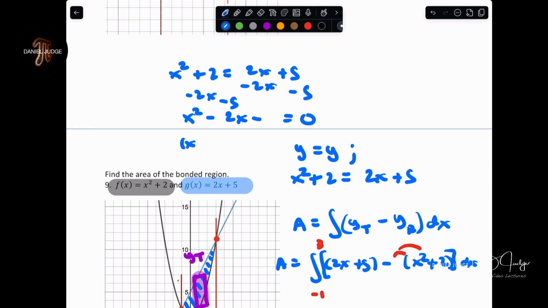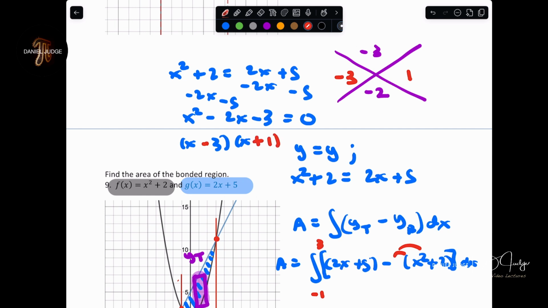So, okay, now we're good. Now we can factor this. So we'll have x minus 3. If you guys wanted to do the crisscross method, you remember 2 numbers multiplied together is -3. When added is -2. So what are the 2 numbers multiplied together which is -3, but when added is -2? It looks like it's -3 and +1, right? Double check. Yeah, okay. So x minus 3, x plus 1 here.